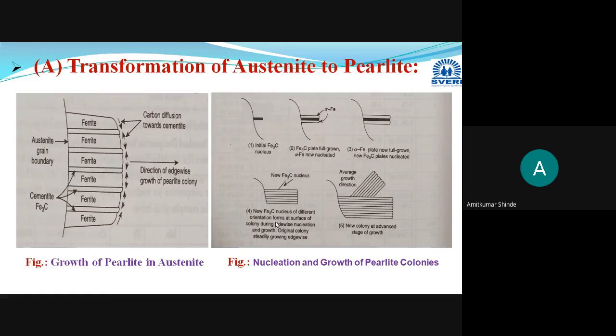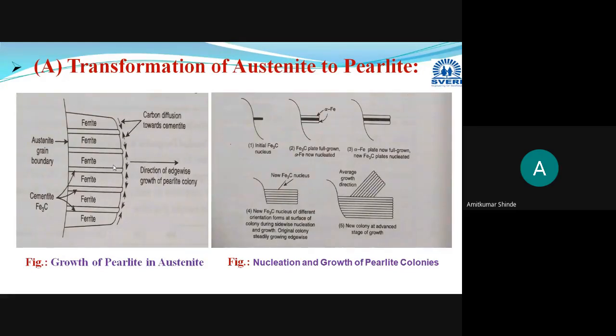But whenever you are transforming the austenite below 550 degrees Celsius, its morphology is different. Instead of getting this type of structure, you will get a different morphology. Here we have alternate layers of ferrite and cementite.